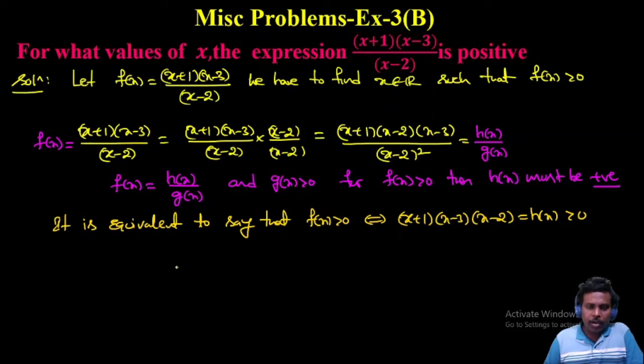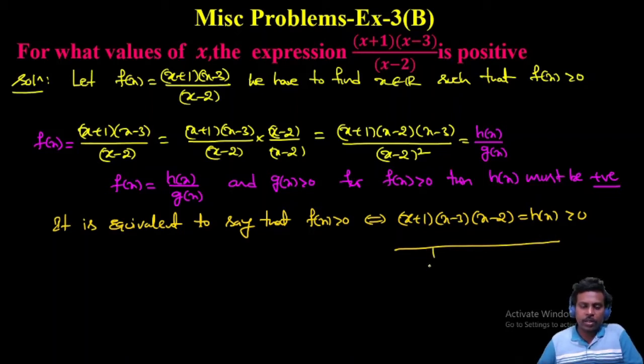Here we are going to apply a technique that we discussed in proving theorem 3. So you draw a real number line, indicating the roots of the equation (x plus 1) into (x minus 3) into (x minus 2) equal to 0.